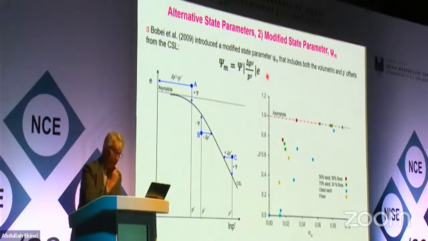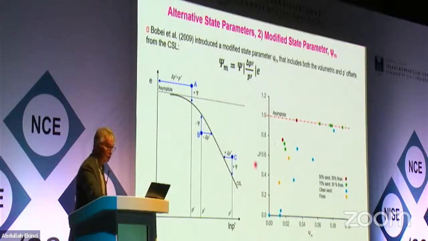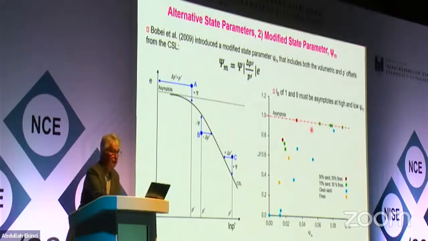Let's try that one. So this is psi m, modified state parameter, against, again, brittleness index, liquefying things, strain hardening things. We know that for IB of 1, liquefying things, there must be an asymptote at high psi m values. And for IB of 0, strain hardening soils, there must be an asymptote down here, low values of psi m.